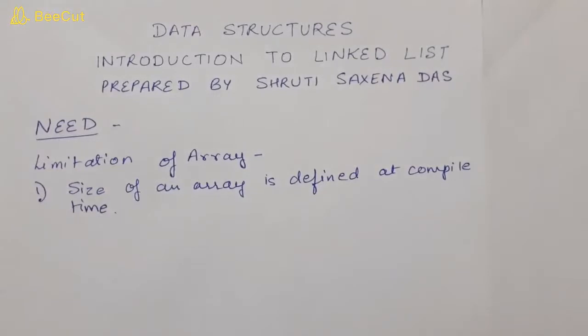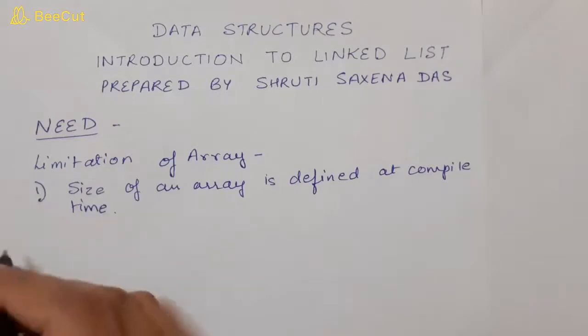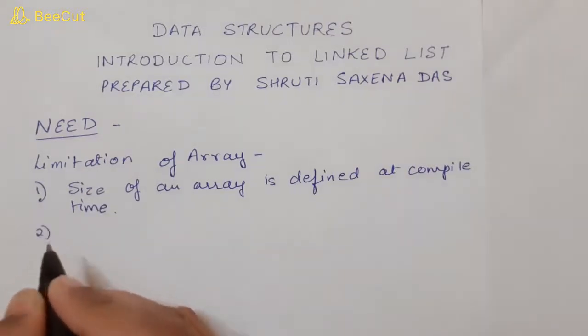So in case you are giving size as 5 and you want to insert 10 elements, then you can't insert, because the size which you have specified is 5, so it can accommodate only 5 elements. Now if you want to store only 2 elements and you have mentioned your size as 5, in that case also you are wasting the space. So that is the first limitation of array, that you have to specify the size at compile time only.